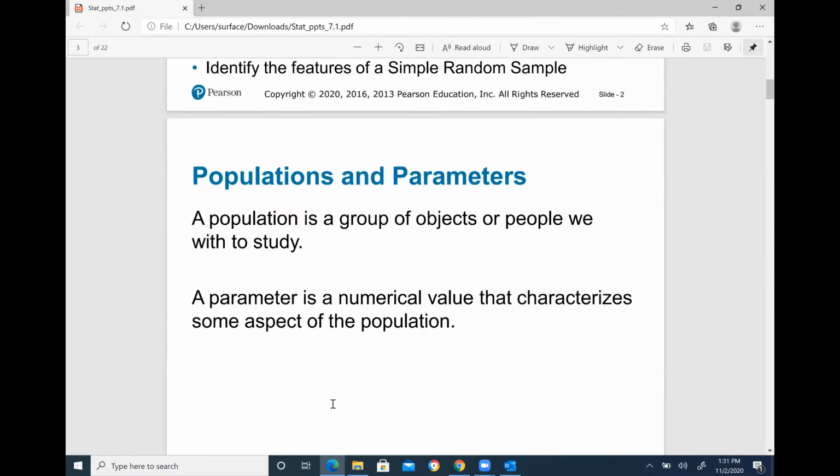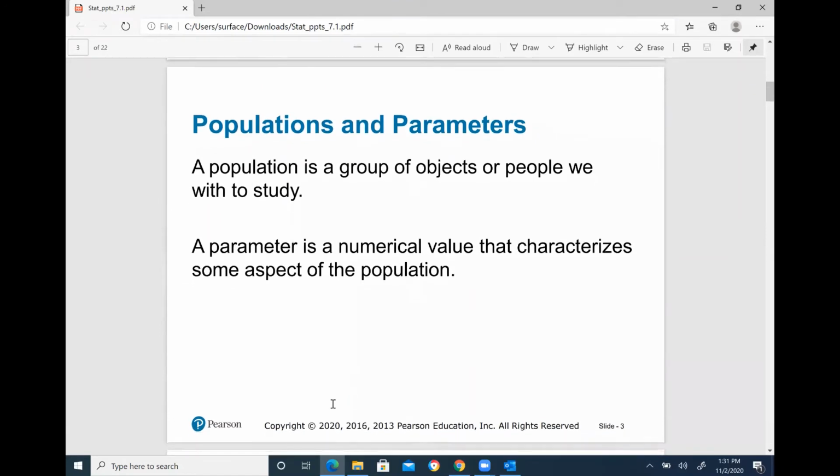Next, to get into the concept of population and parameters, as you can notice, population and parameter are usually paired up because all the time they go together. It's not separate.